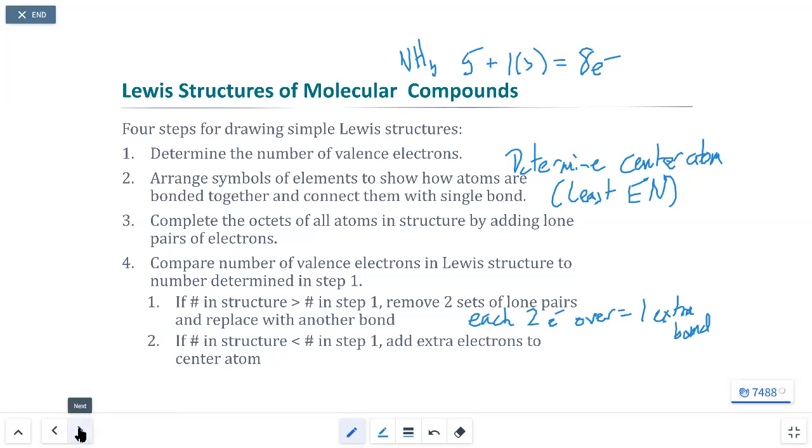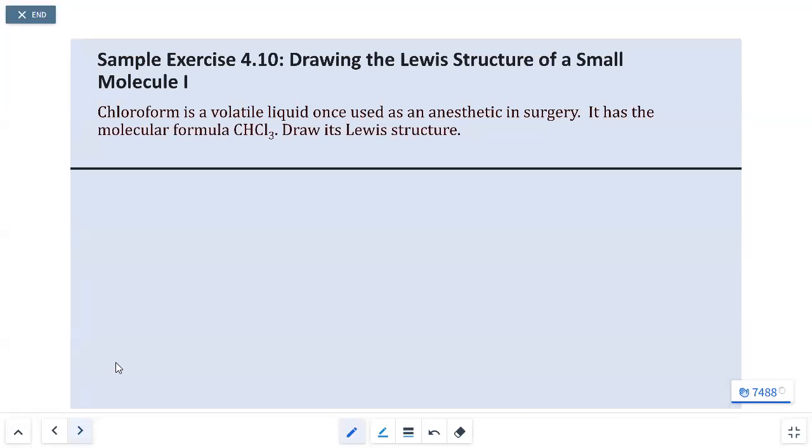All right, so let's get into doing some examples. Here I have chloroform. Chloroform is used as an anesthetic. It's got the molecular formula CHCl3. We want its Lewis structure. So the first thing we do, we need to figure out the number of valence electrons.